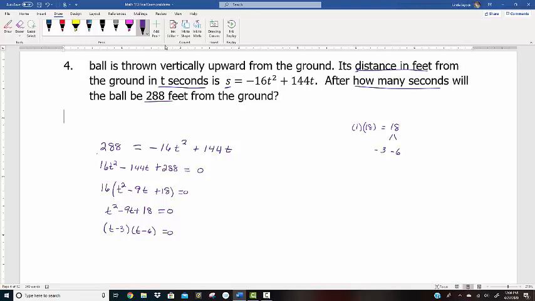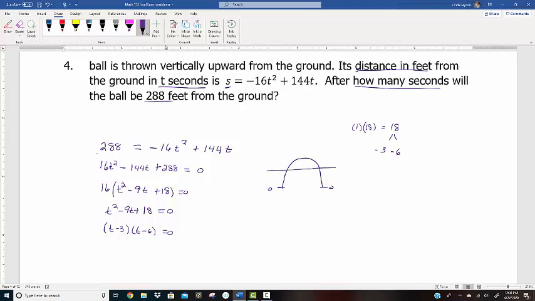All right, so is it feasible that I'm going to get 2 answers? Well, let's see. If I draw a little picture here, we know if they're throwing this up, it's a quadratic. It's going to make some kind of parabolic curve. You're starting at 0, you would end at 0. Where do they want to know? 288 feet.